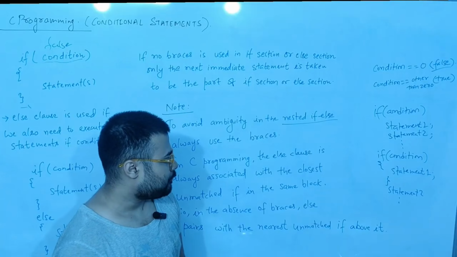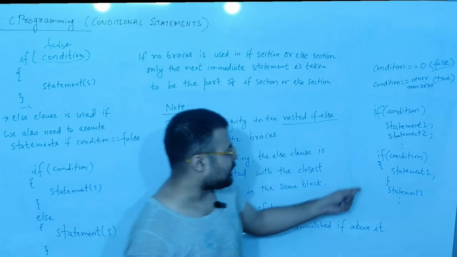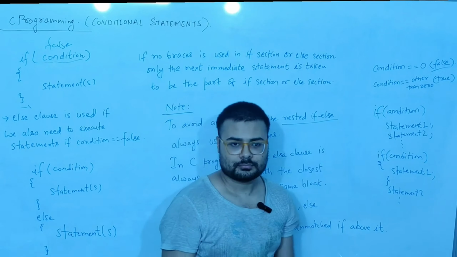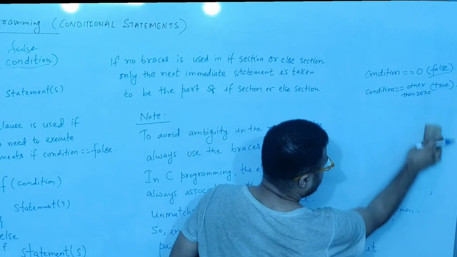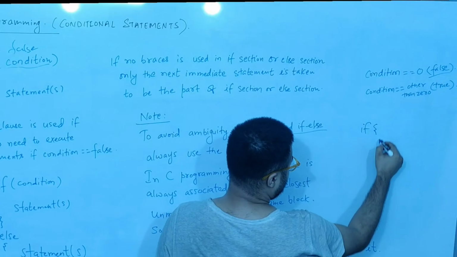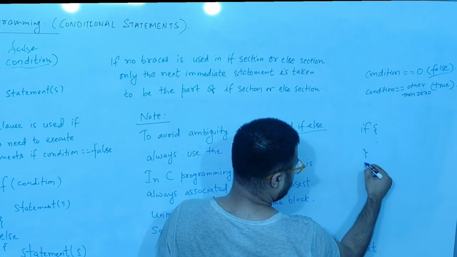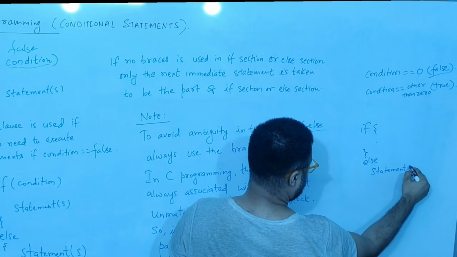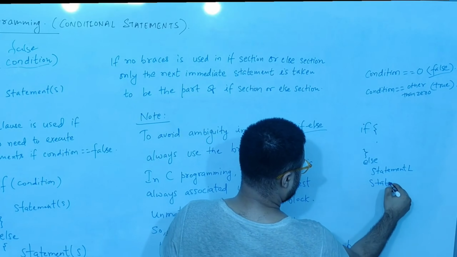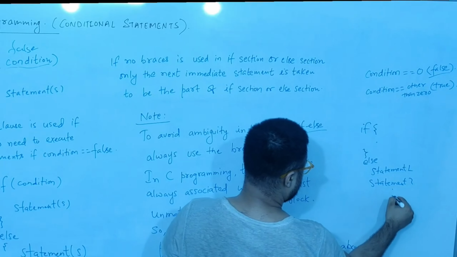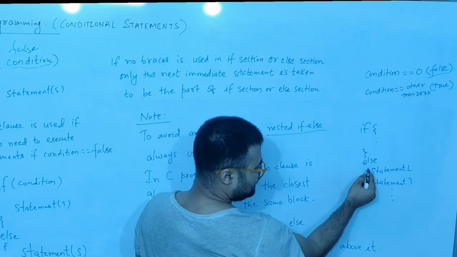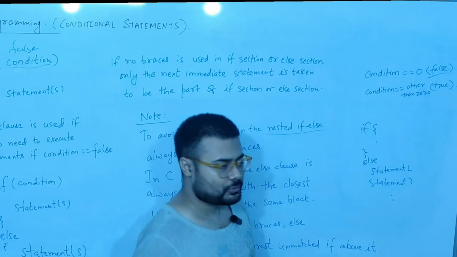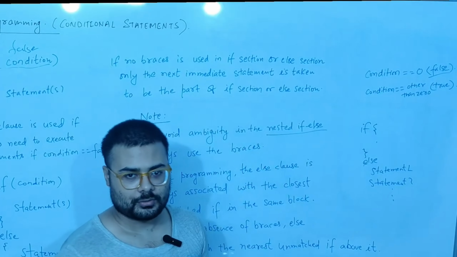What I mean to say is that if there are no braces, only the immediate next statement is part of your if block. Similarly with if else, statement 1 is your else block part, and statement 2 and so on are outside of your if else block.